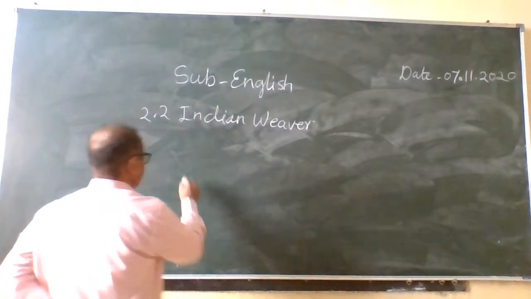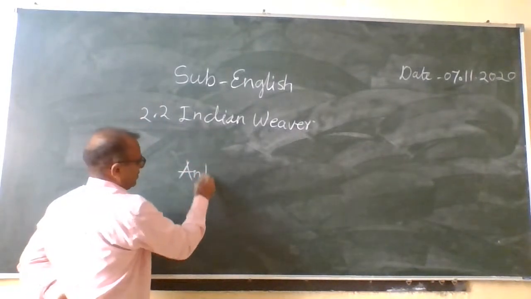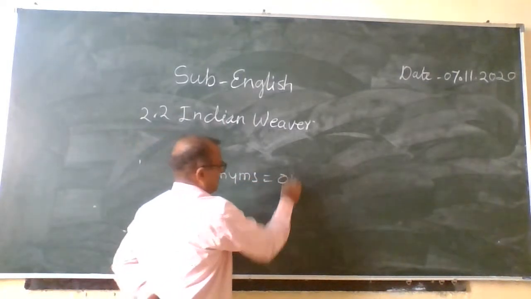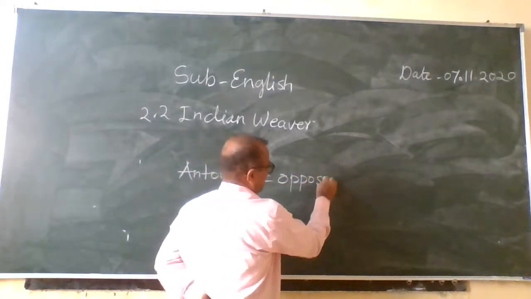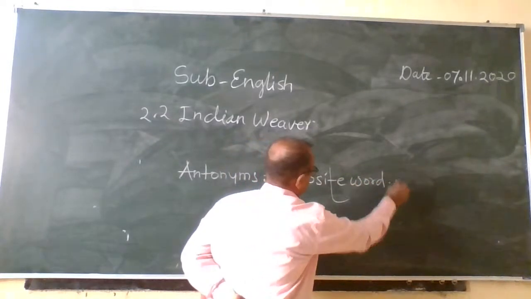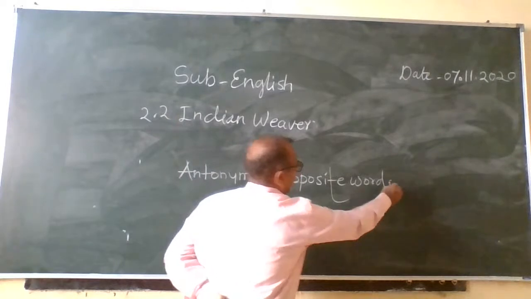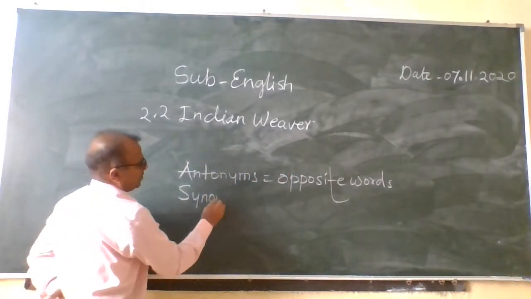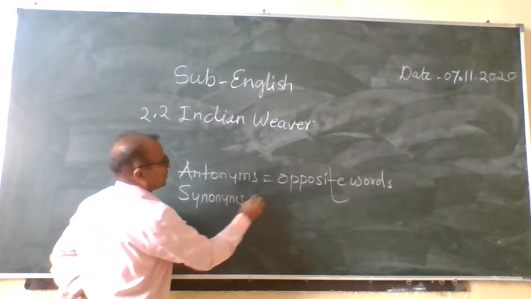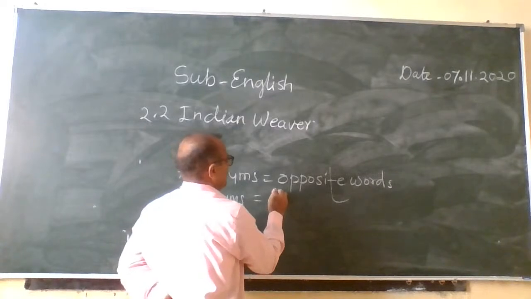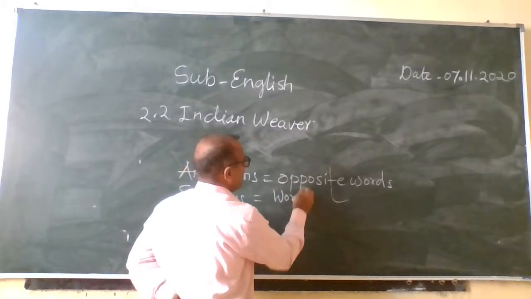Antonyms means opposite words, and synonyms means words having similar meaning.